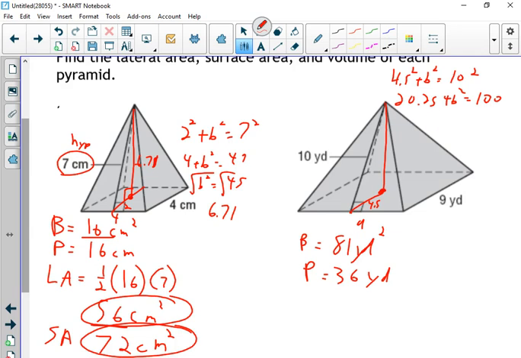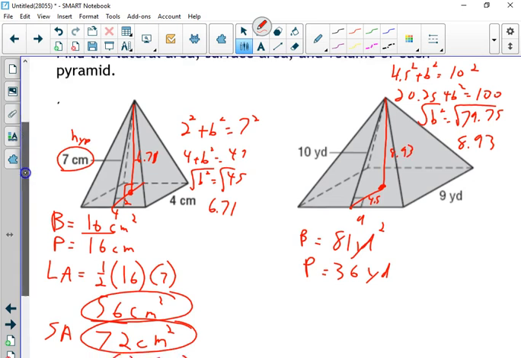Take that from 100, and we get b squared equals 79.75, which we then square root. That gives us 8.93 for an altitude, or a height. And now we can do everything we need.